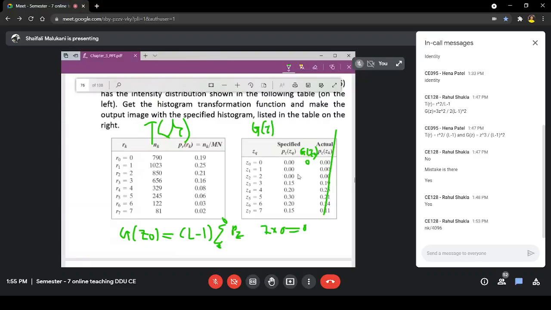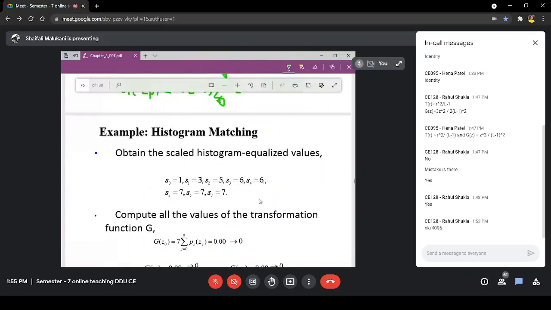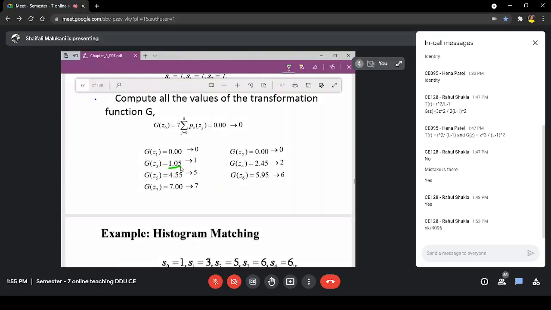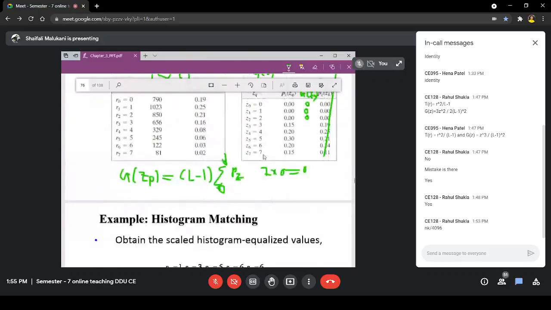What will it be for z equal to 1? G1 will be the summation of pz from 0 to 1. What will be the result? Here the result will be 0.15 into 7, which is 1.05, and if you round it off it becomes 1.